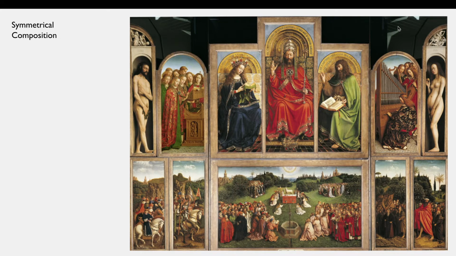This epic, beautiful, highly detailed, and highly attention-based symmetrical composition of an altarpiece. So we have the Christ figure in the center, right? We have disciples, and we have this religious iconography all loaded into this image.